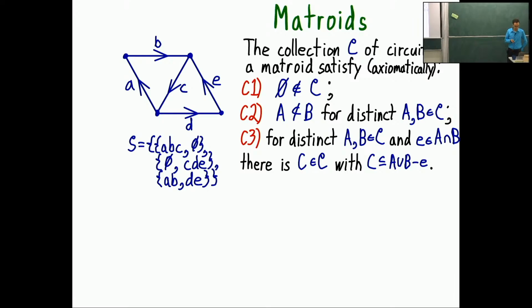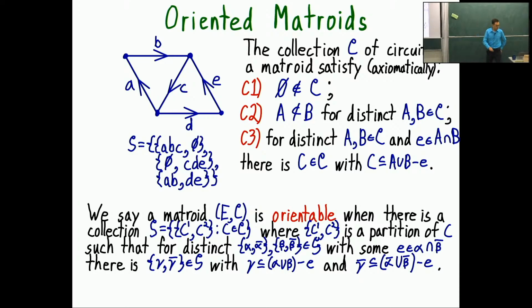And now, if we look at circuit elimination again, you can observe that these bipartitions have to respect a specific property of eliminating a common edge. Specifically, when I'm eliminating a common element, it has to be eliminated from both sides of the bipartition.